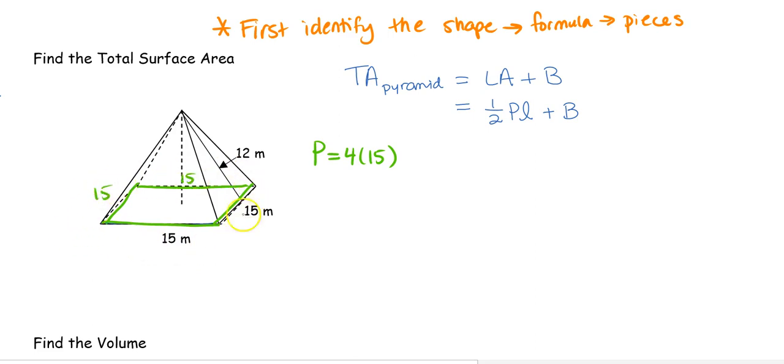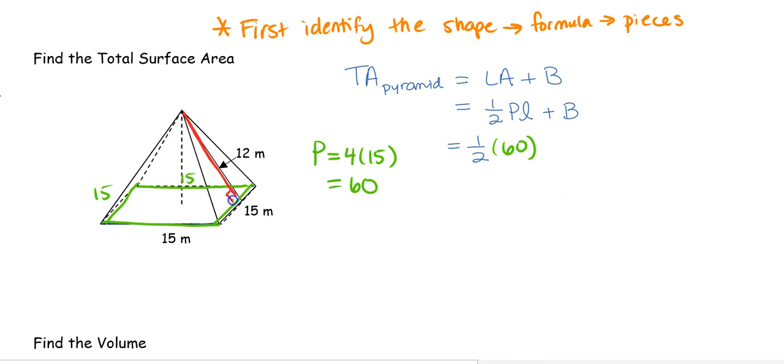Remember, going around perimeters, I'm adding. That's going to give us 60. So back in our formula, we have 1/2 the perimeter of the base, which in this case is 60. The good news is the L, which is the slant height, is given to us.